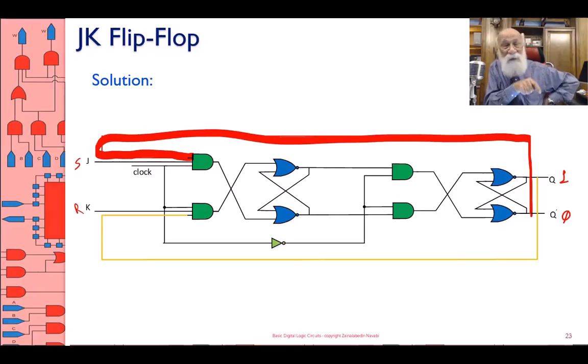The set input cannot do anything anyway. Okay? So I'm gating it. So I actually am preventing, with this red line going across, I'm preventing the set input from doing anything. Well, it's not doing anything anyway. It can't do anything. We cannot set it anymore.